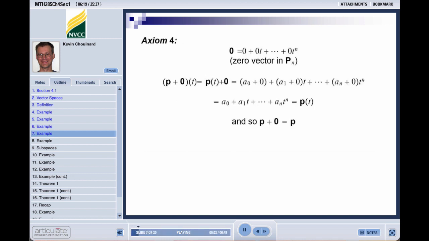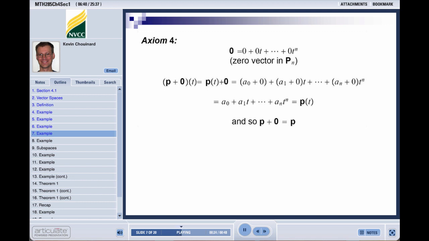Let's prove axiom 4, that there's a zero element for the polynomials that make up this potential vector space. To show axiom 4, you have to show that there's an identity element with respect to addition, that there's a 0, and when you add 0 to your vector, you get that vector back again.